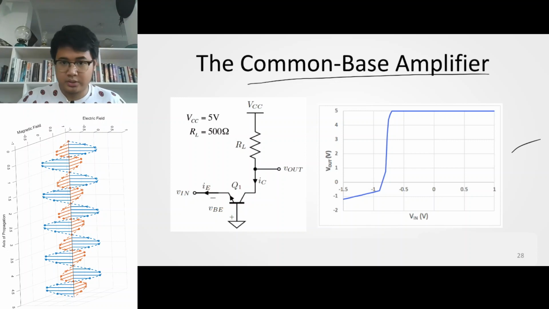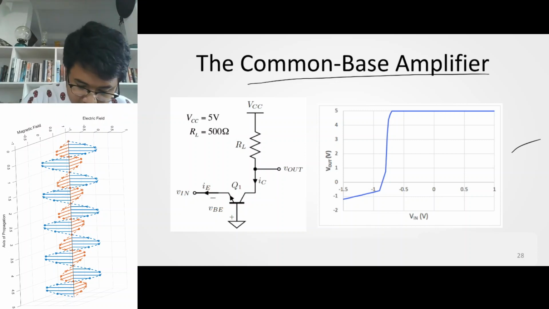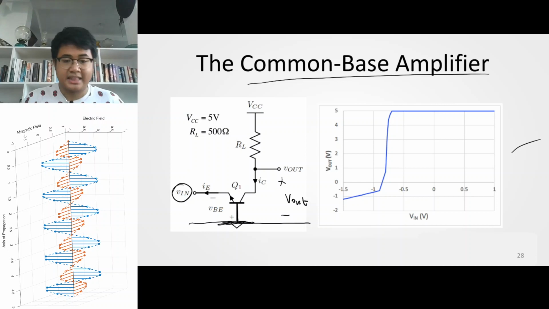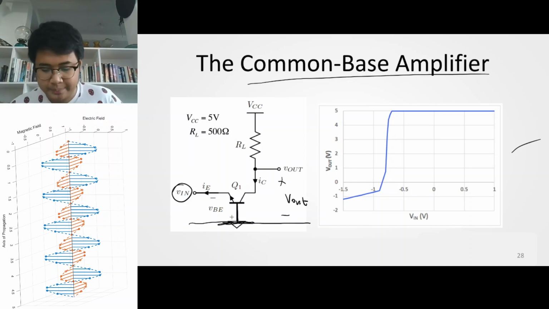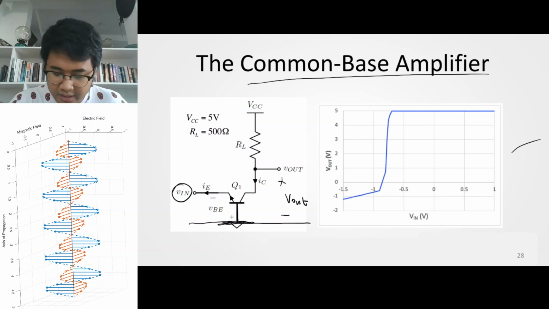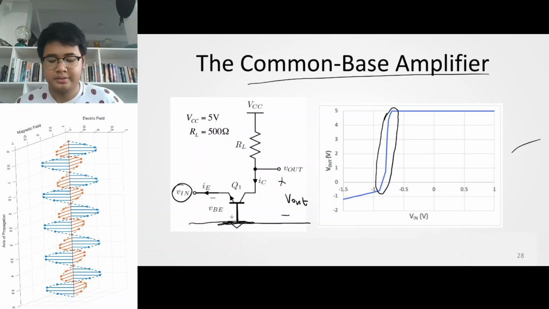It's called common base since we have grounded the base and harness V out at the collector, where our input is at the emitter side. So this is still an amplifier, and it has a positive slope here, as compared to your common emitter. The common emitter has a negative slope.